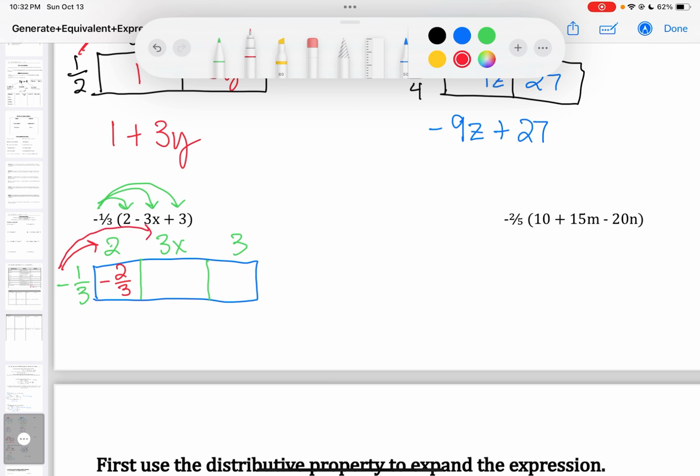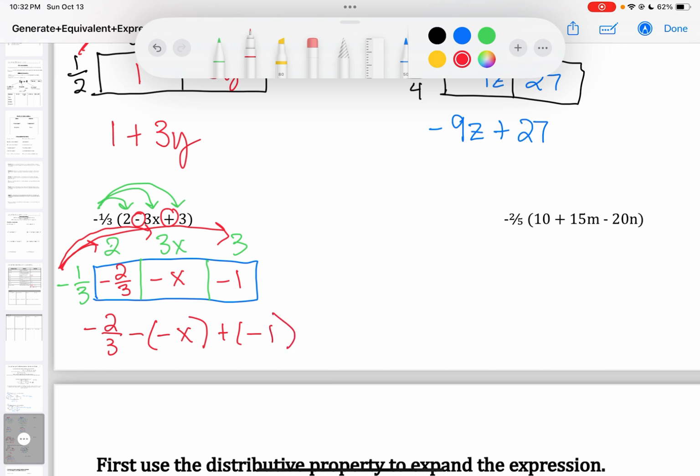Negative 1/3 times 3x is a negative x, or you can write negative 1x. They're the same thing, and then I'm going to do the same thing again for negative 1/3 times 3, which is just negative 1. So now I'm going to rewrite this as negative 2/3 minus, because we have a subtraction symbol here, negative x plus negative 1.